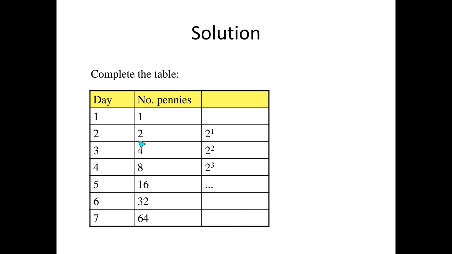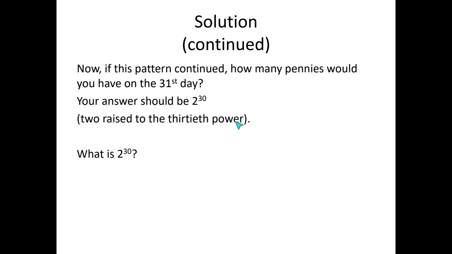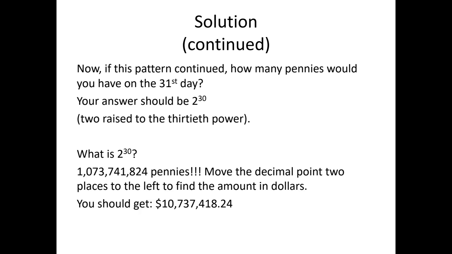So here's a table. On day 1, I give you 1 penny. On day 2, you get 2 pennies. On day 3, you get 4 pennies. And then on day 4, you get 8 pennies and so on. So how many pennies would we have on the 31st day? To get that, that would be 2 to the 30th power. If we were to calculate this on our calculator, it would look something like this.